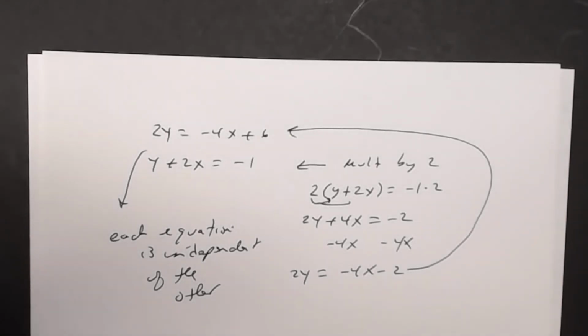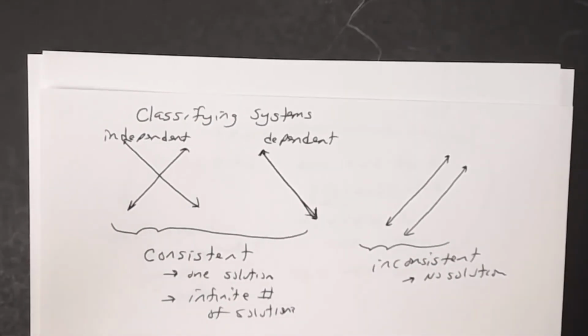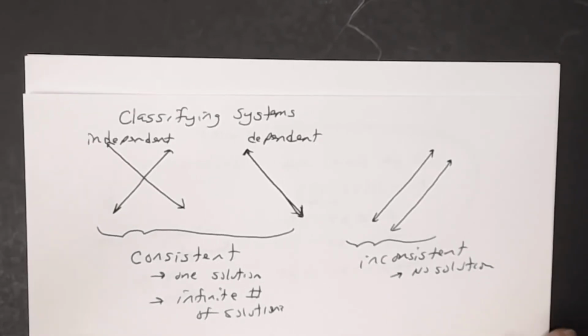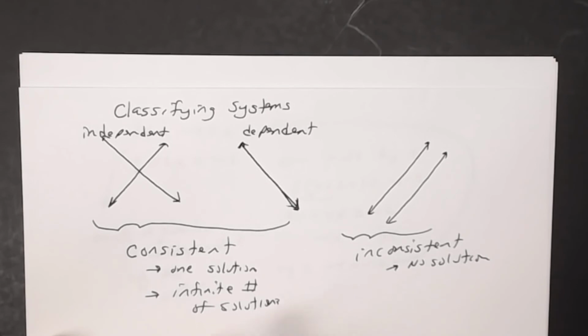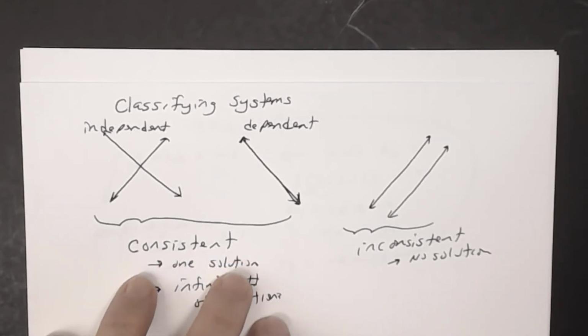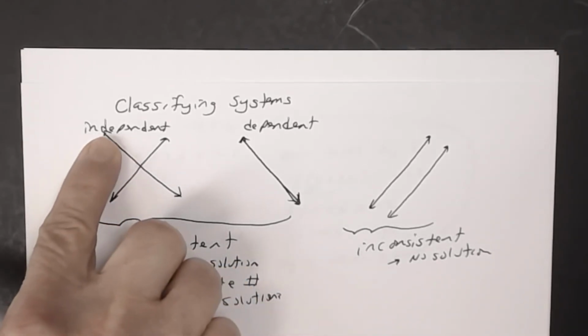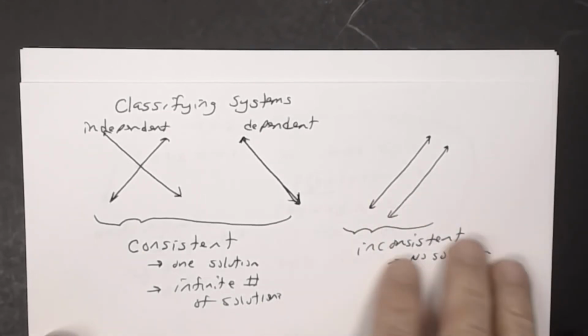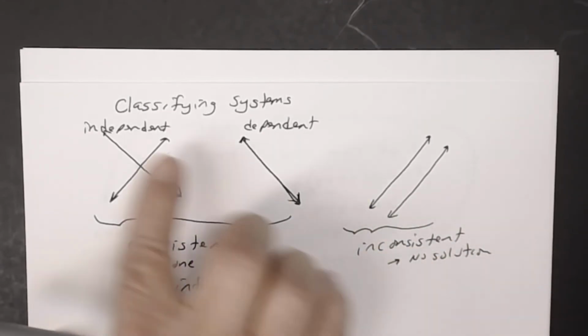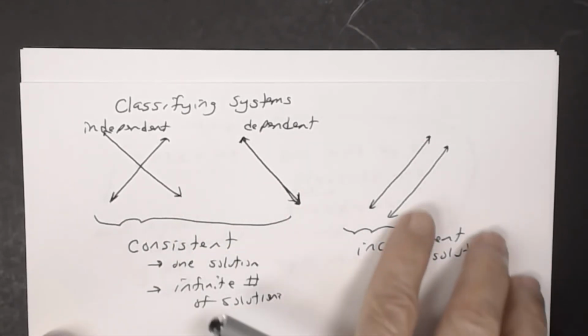So here's the point I want to make now. Some textbooks will stop here, and they will say a consistent system, the equations are either independent or they're dependent. And then they'll say, okay, an inconsistent equation, we're not even going to talk about this. Well, some textbooks do.